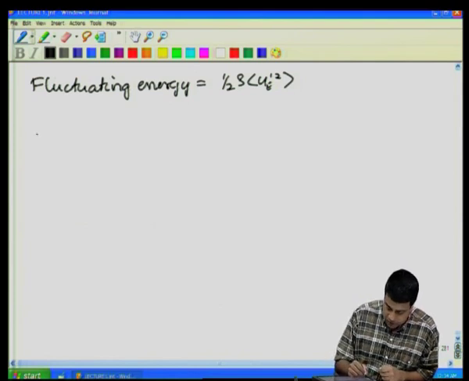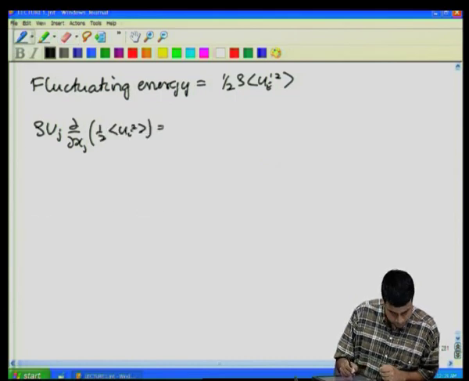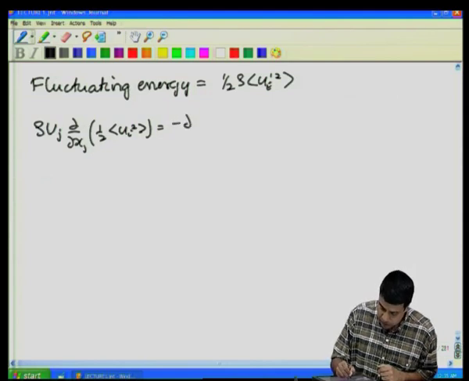And the equation for the fluctuating energy is rho u_j partial by partial x_j of the fluctuating energy is equal to minus partial by partial x_j of the following terms.